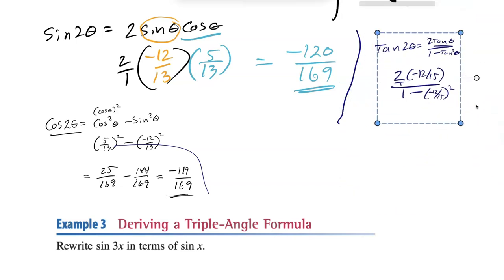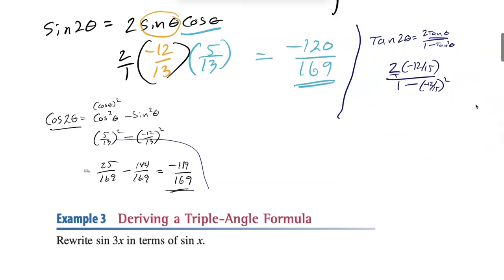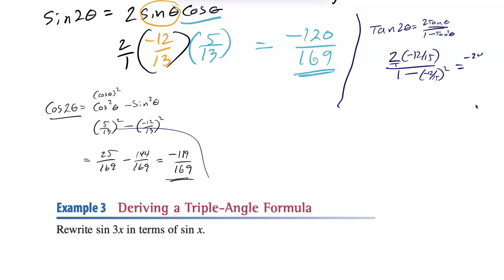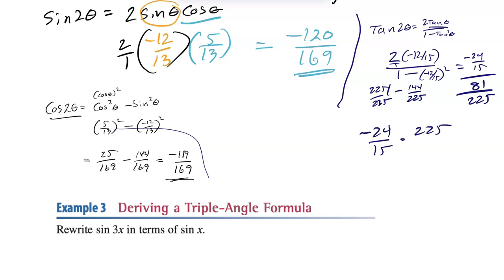Let's move right there. So let's see, that does give me a negative 24 over 15 over, this is 1 minus 144 over 225. So common denominator, 225. Yeah, this gets ugly. 81 over 225. So that's going to be negative 24 over 15 times 225 over 81, right? Reciprocal. And multiply it out.